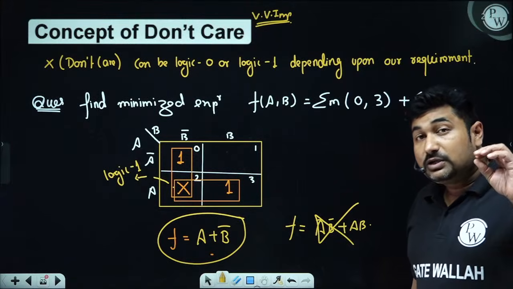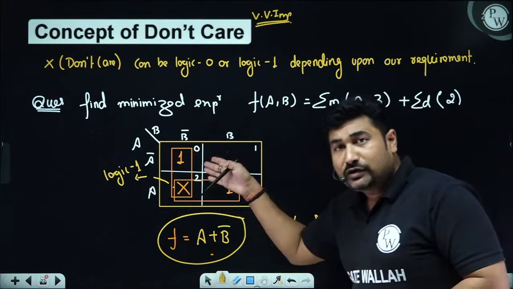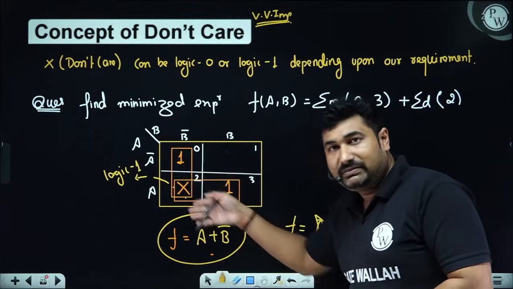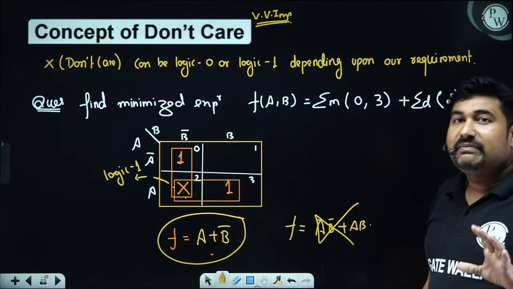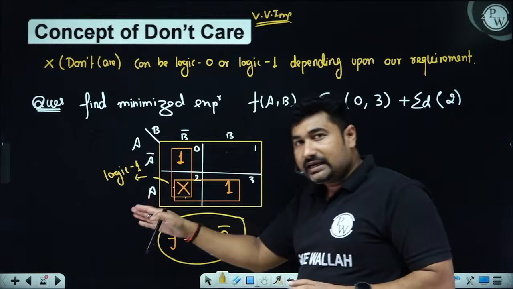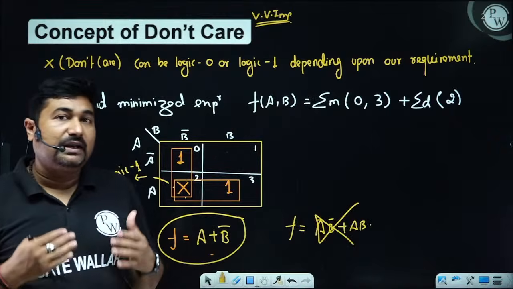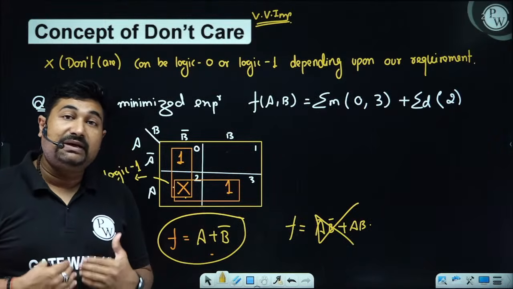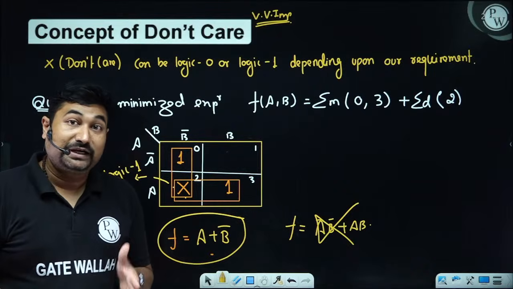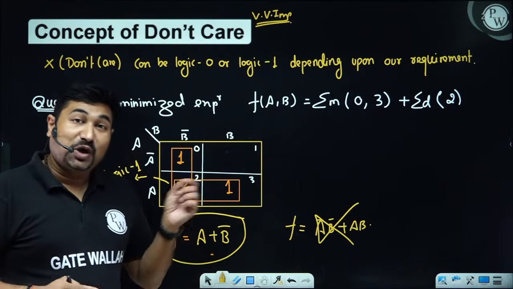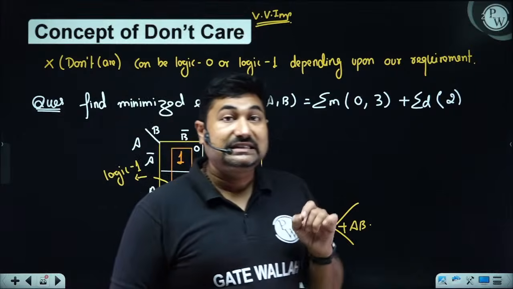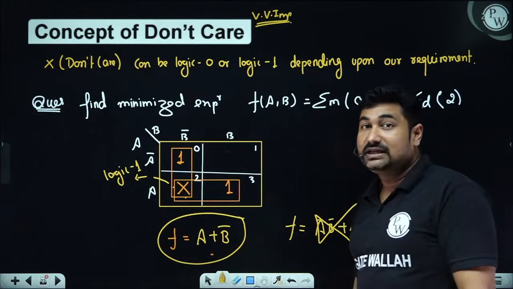So you must choose the logic of don't care such that it helps in minimizing the logical expression in K-map. Always remember, don't care can be logic 0 or 1 depending upon our requirement, but our requirement in K-map is fixed: to get the minimized expression. So we always select the logic of don't care such that it helps in minimizing the logical expression.